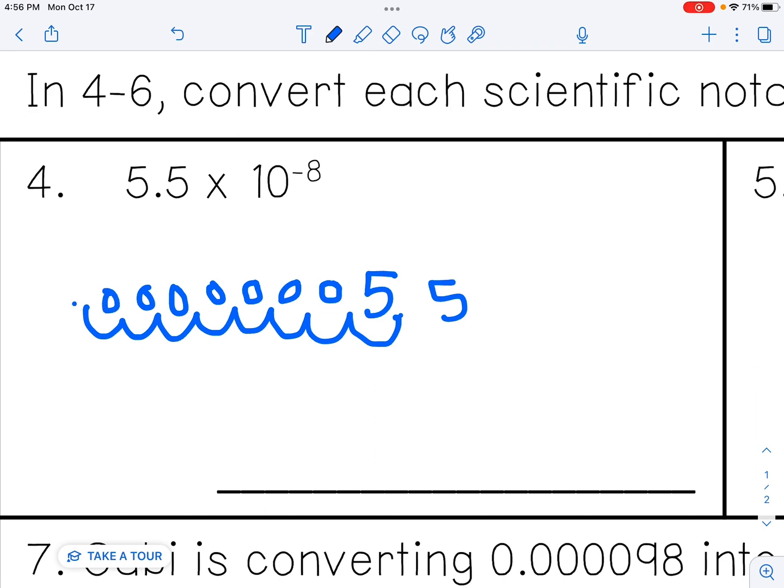And then that is where the new decimal location is. So writing the answer, 0 point, and then I need 7 zeros, and then 5, 5.